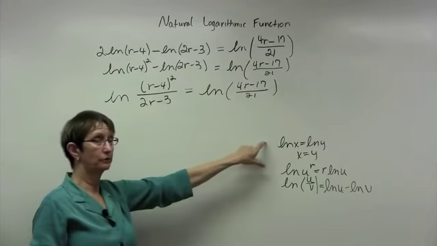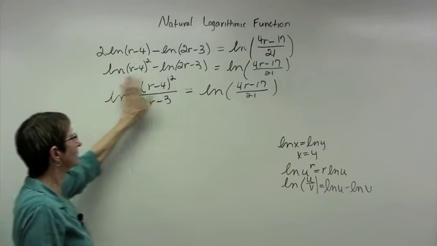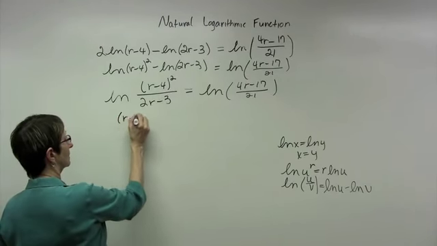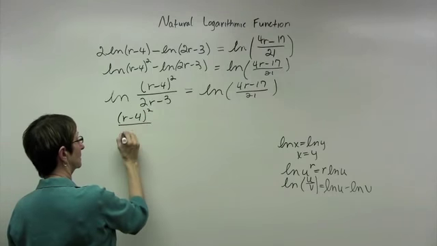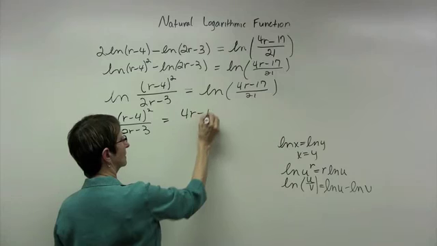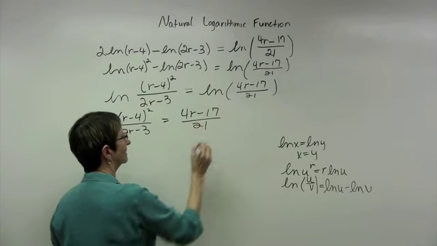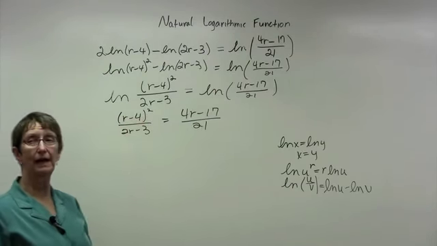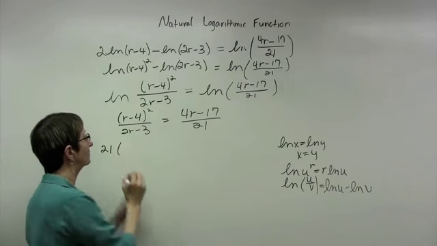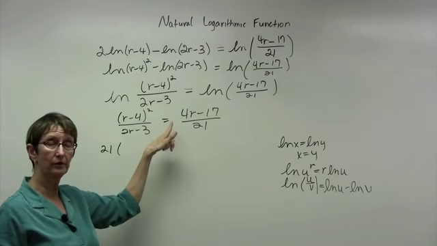And then back up to the first property we looked at, I can eliminate the logs and just set the two fractions equal to each other. And then I'll have to cross multiply so that I have 21 times r minus 4 squared.